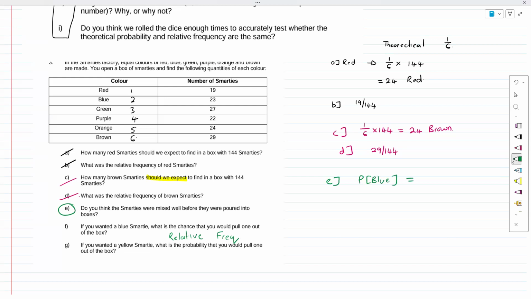It would be 23 out of 144. And if you wanted a yellow Smartie, the probability of you getting a yellow Smartie would be 0. The reason? There is no yellow Smarties in this box. But that's all there is to relative frequency.